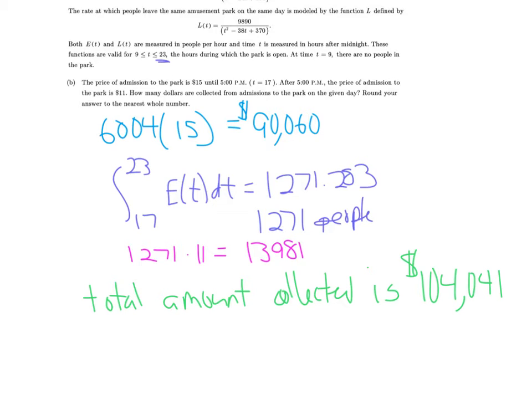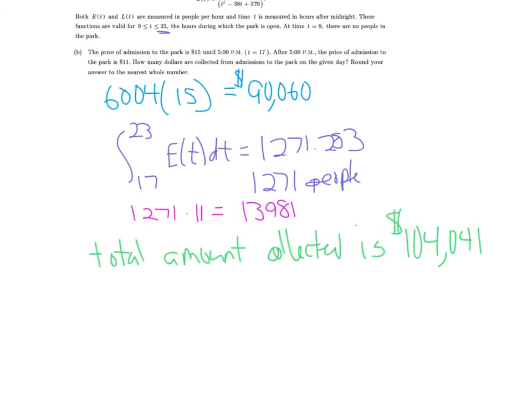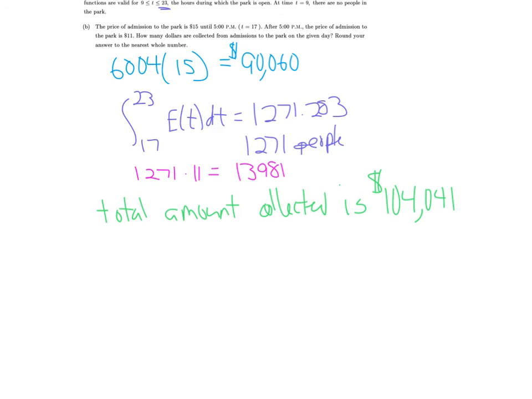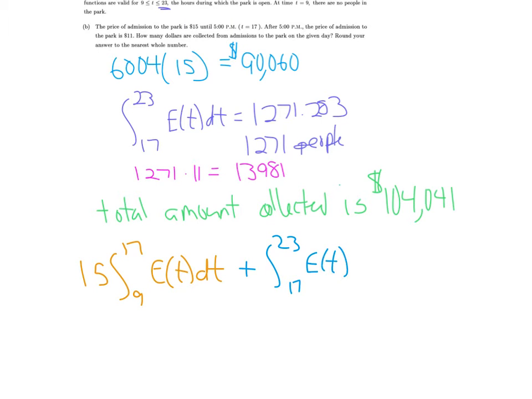Another way you could do it is just take the integrals. I'll do it a second way. Take the integrals, so 9 to 17 e of t dt, and multiply by 15, and then 17 to 23 e of t dt, and multiply by 11.